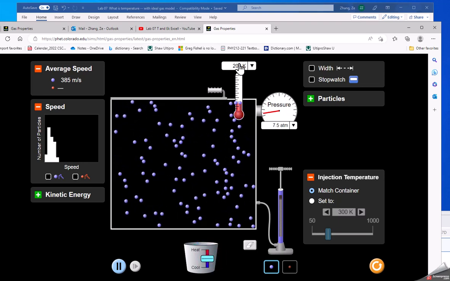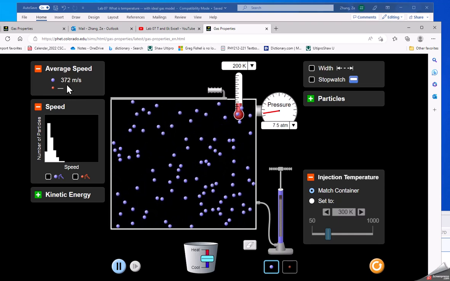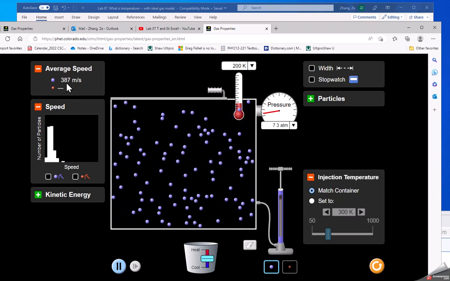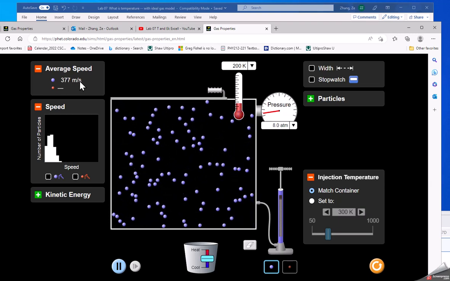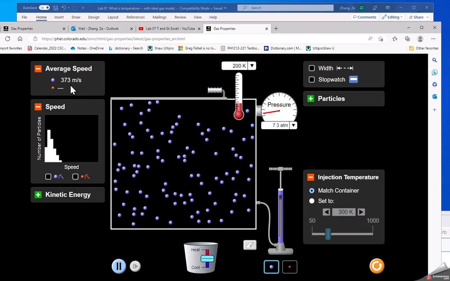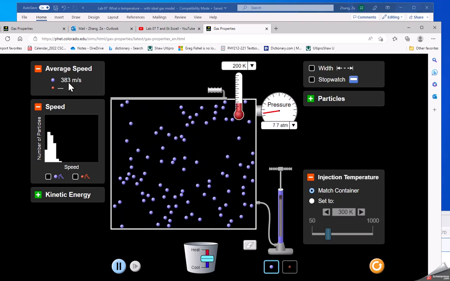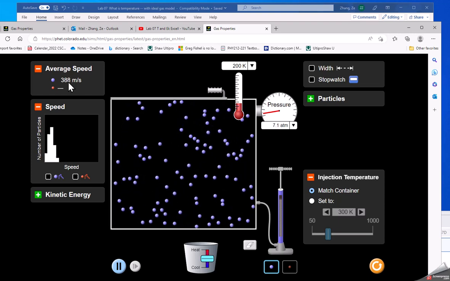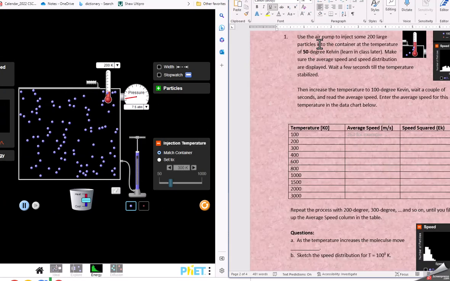So at 200 degrees now, you have 360. Just read your best. You have to take the average by eyeballing. I see it going from 9 to 3, or 380, or 375, and then enter that for 200 degrees over here.